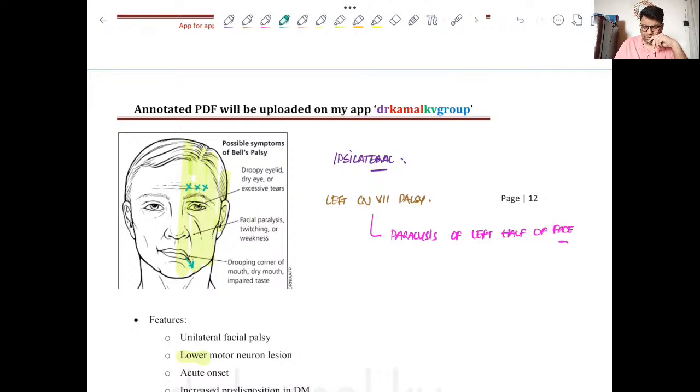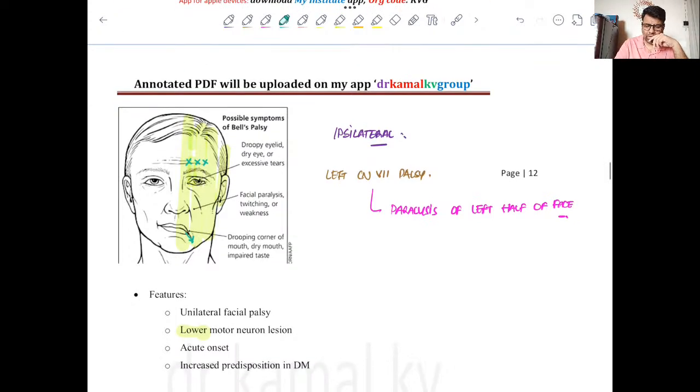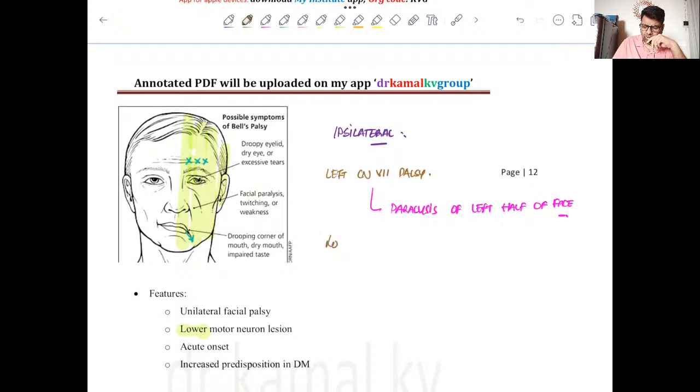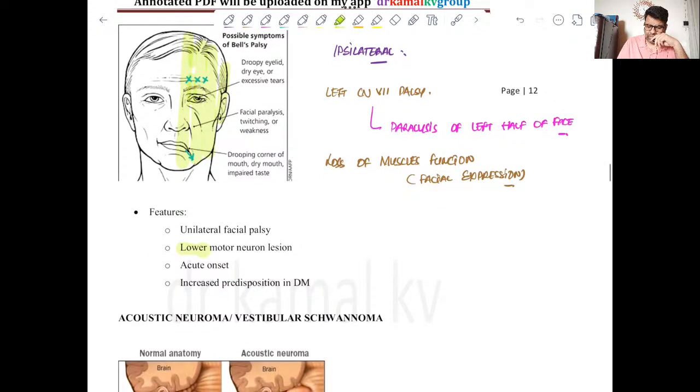So these are a few tests which you can do. So overall the thing is that there is loss of muscle function especially related to facial expression, because these are all supplied by the facial nerve, right? So this is in short about Bell's palsy.